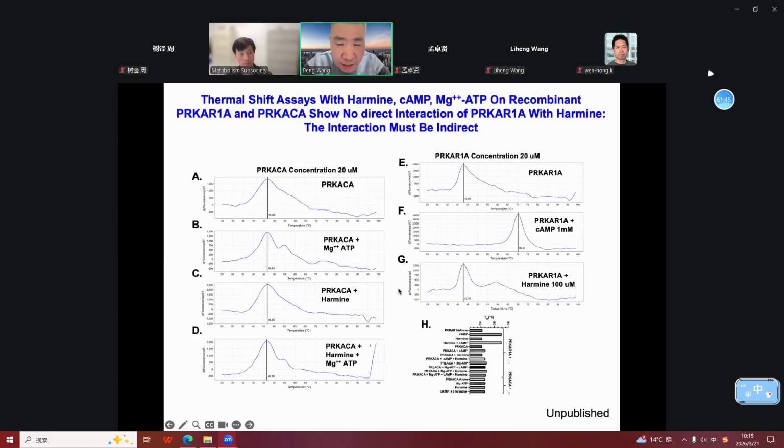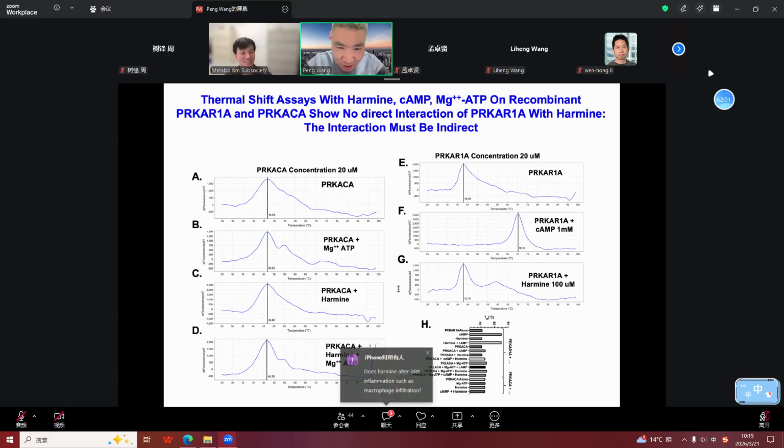I really don't know exactly the upstream mechanism. We think PKA is involved in this. It's also another R01 we applied for, but we did not get a very good score. We have to resubmit about how synergistic this mechanism is. So that's a lot of directions.